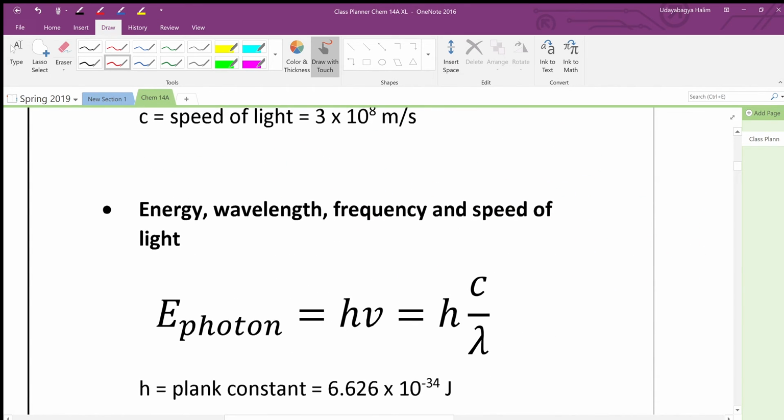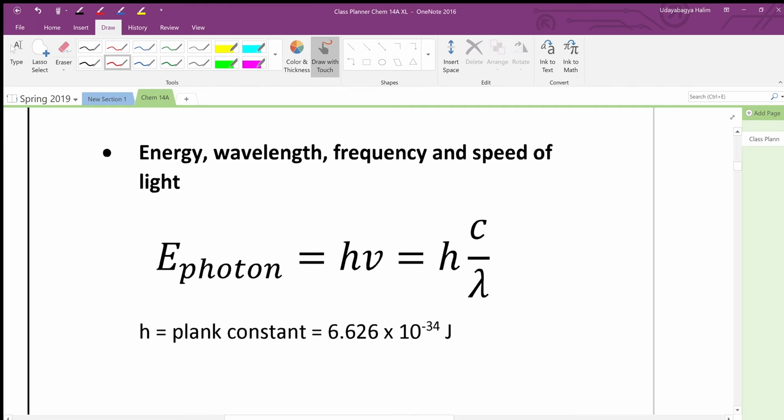The next one is the energy, and we mentioned earlier that the energy of the photon is proportional to its frequency. So energy is h times v, where h is another constant called the Planck's constant, which has a value of 6.626 times 10 to the negative 34.